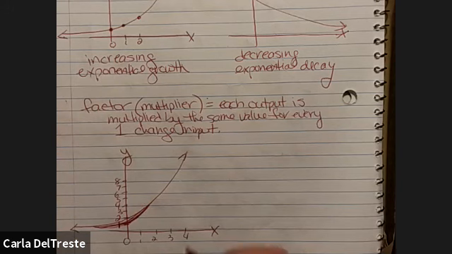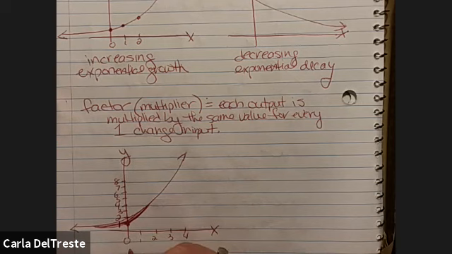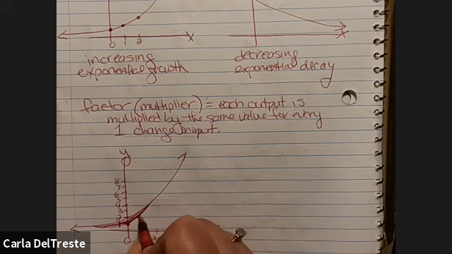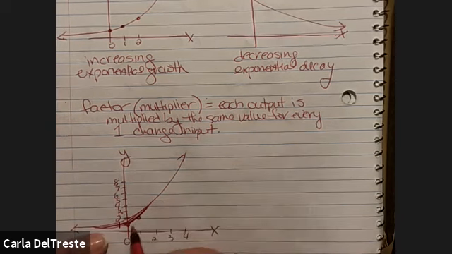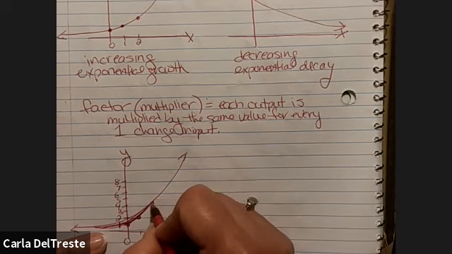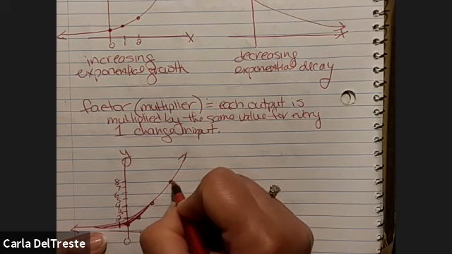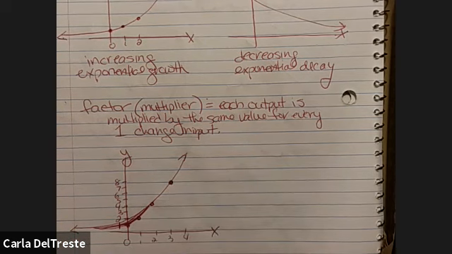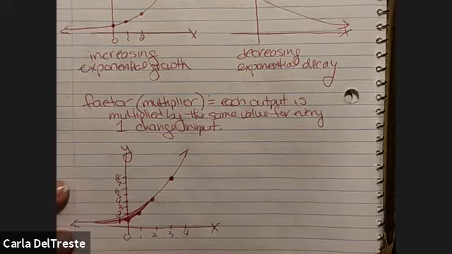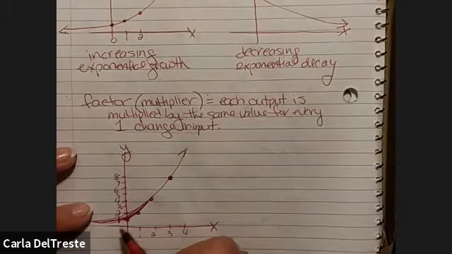Okay. 0, 1 is where we're starting. Okay. And then 1 sits at 2. And then 2 sits at 4. And then 3 sits at 8. Okay. Let's think about what is the pattern that's occurring between these outputs.